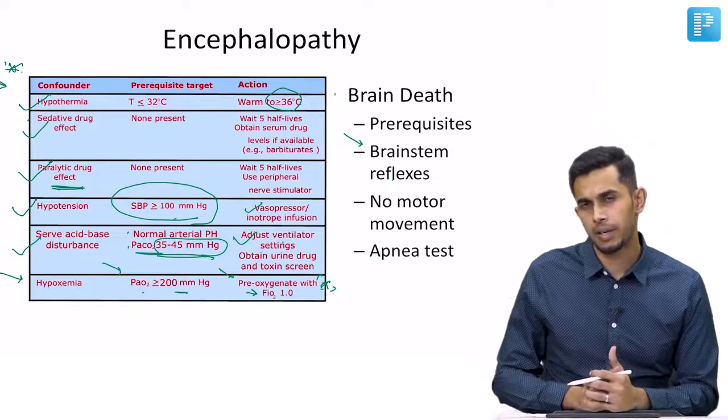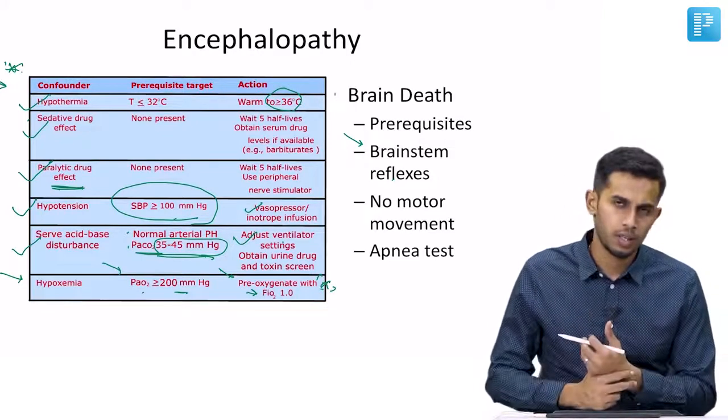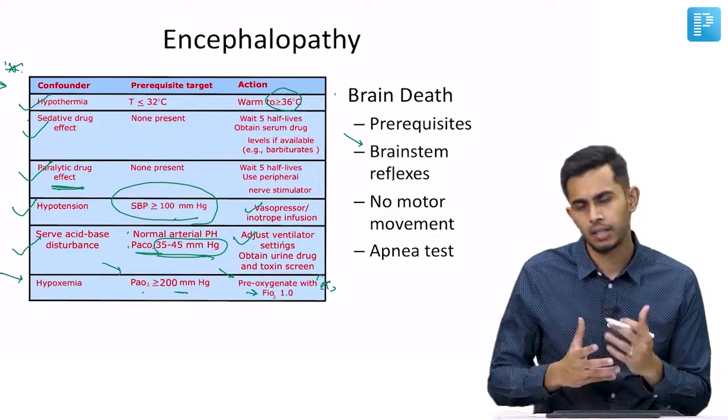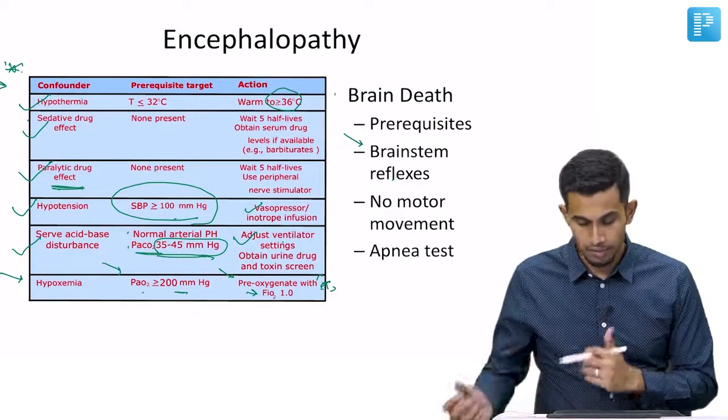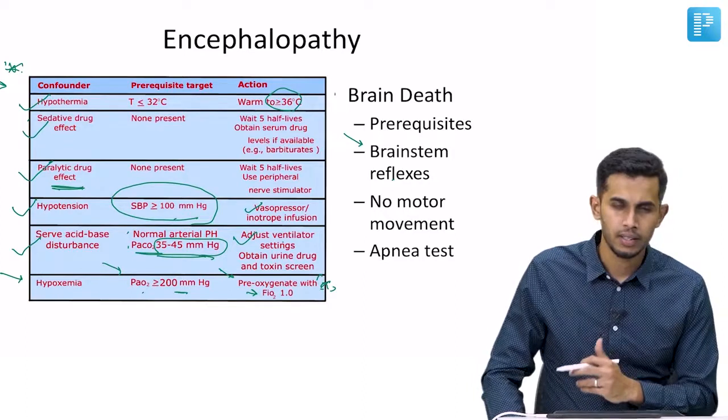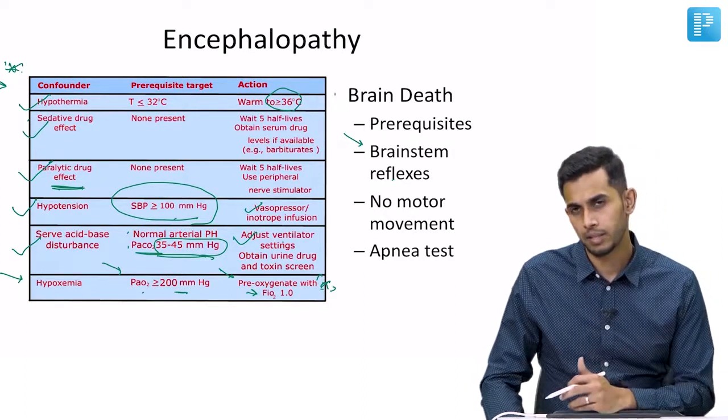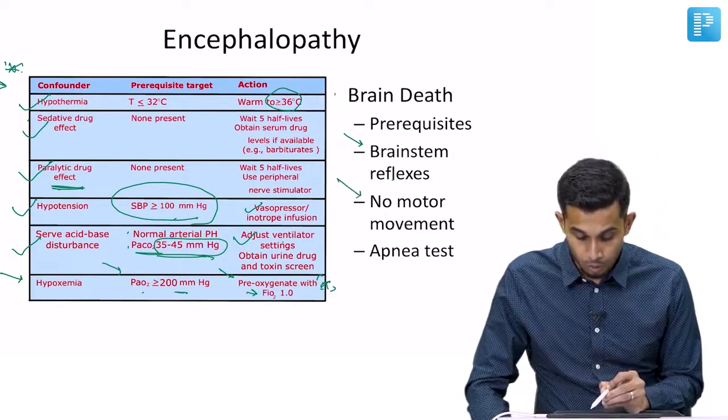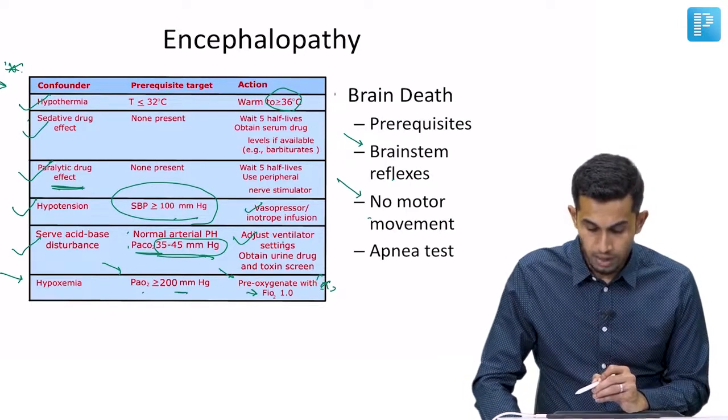Even a caloric test can be done to say that there are no brainstem reflexes, indicating that the brainstem is not functioning. We can do a gag reflex also to say that the brainstem, particularly the medulla, is not functioning, and then no motor movement is present.